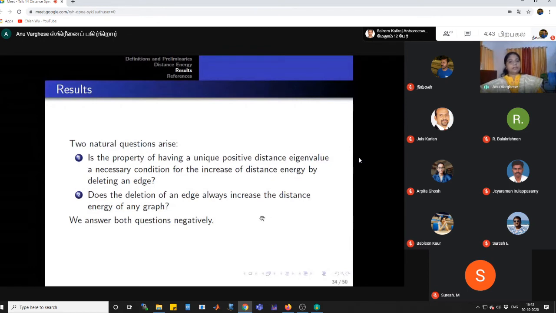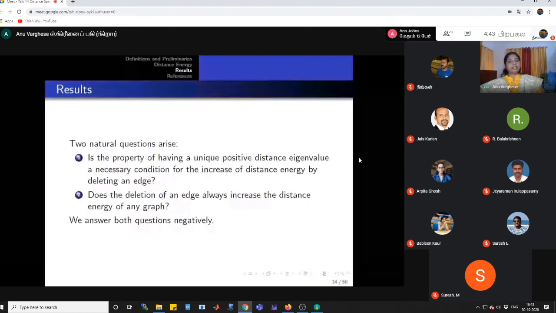Second question is, does the deletion of an edge always increase the distance energy of any graph? Or do there exist graphs such that on edge deletion, the distance energy will decrease?